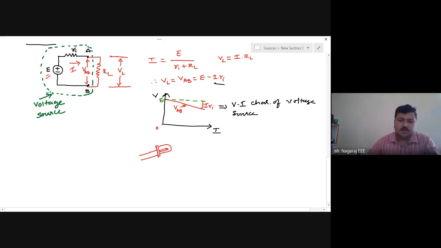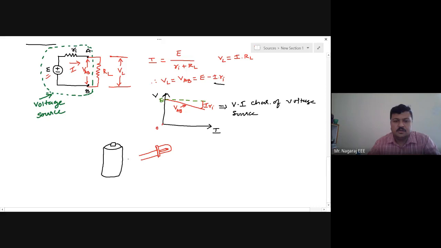I want to connect it to a battery. A simple double A battery will do the work. This is a simple double A or triple A battery.